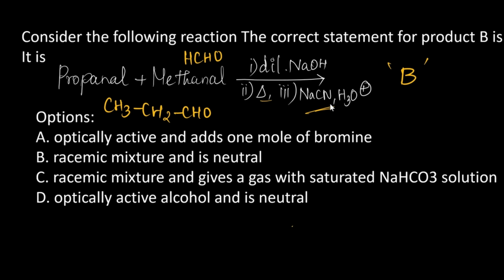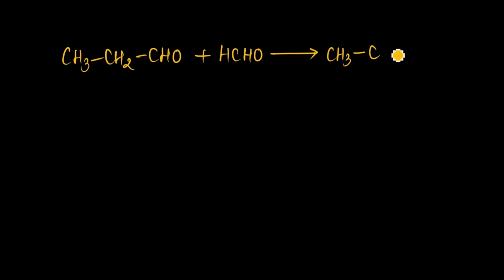Followed by NaCN. So CN will attack the carbonyl carbon. Let's write the reaction over here. CH3CH2CHO plus HCHO gives CH3C, this is my alpha carbon, double bond CH2 with CHO.